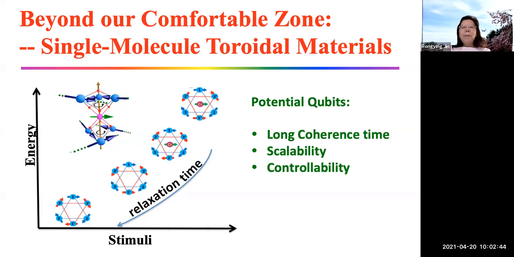In our most recent proposal, we collaborated with a bunch of chemists, proposing to study a special group of materials called single molecular toroidal materials. As illustrated here in this corner, there are certain molecules with a bunch of ligands around, and for certain metals here, they form naturally a toroidal moment.